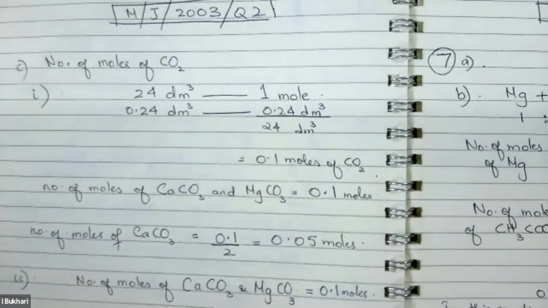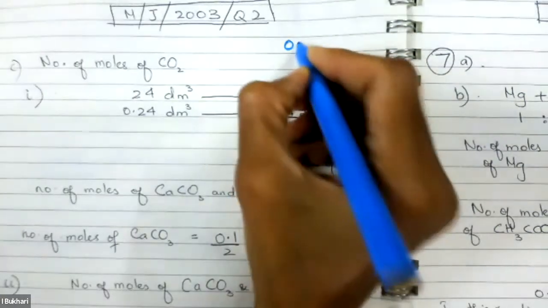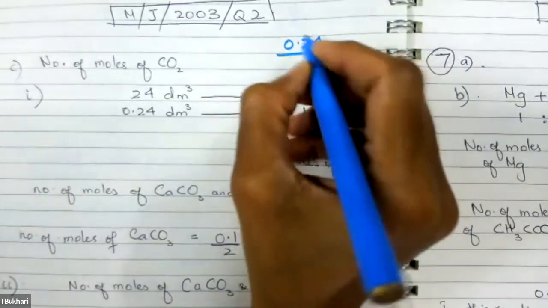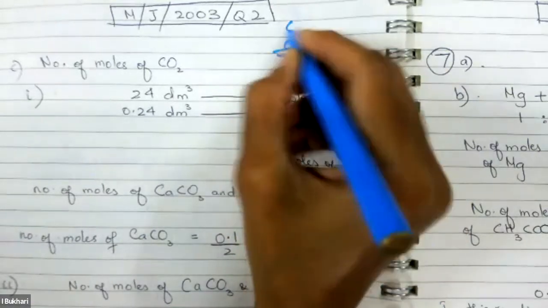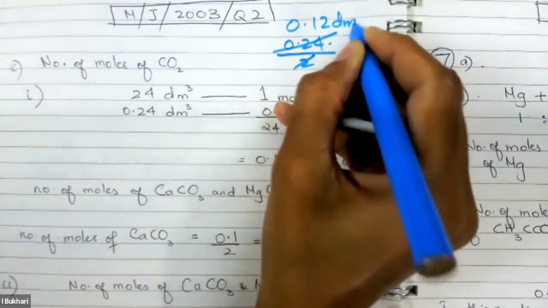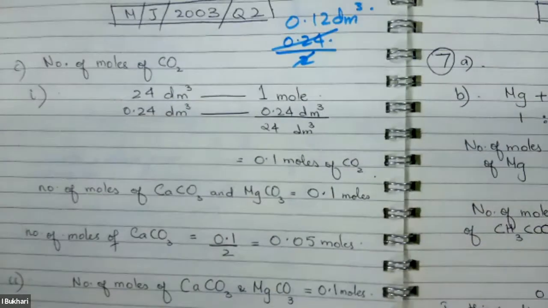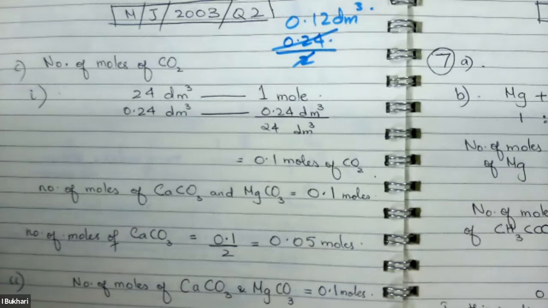Half of 0.24 is 0.12, right? So most probably 0.12 dm³ is being produced by each reaction. So total is 0.24. Did you get it? Yes, miss. Okay, so that is why I divided the number of moles by 2.